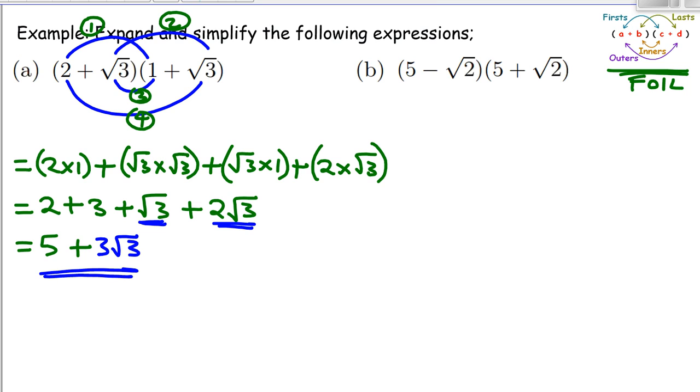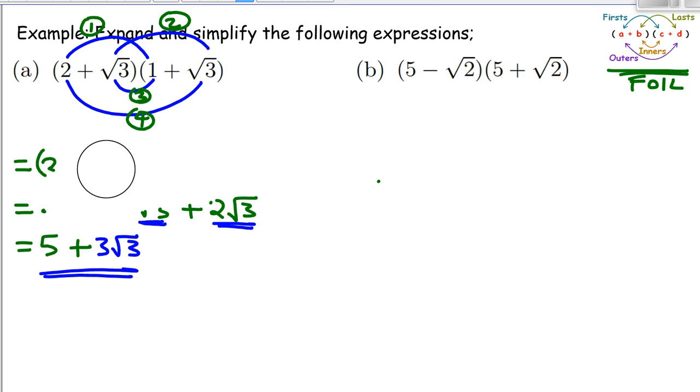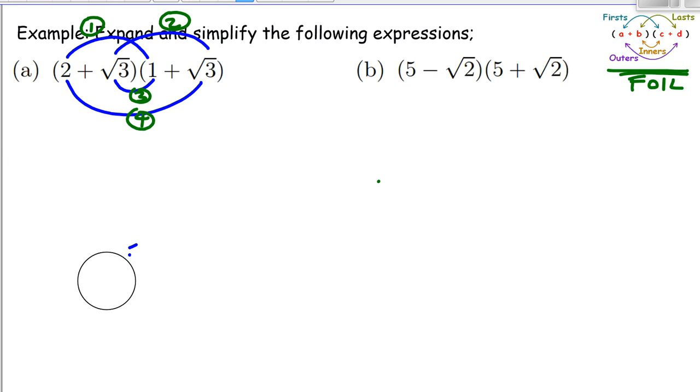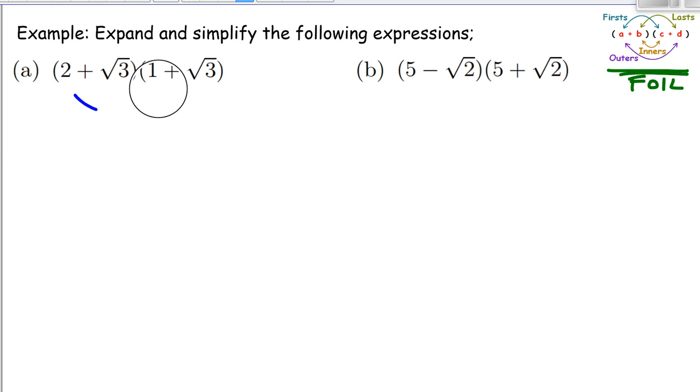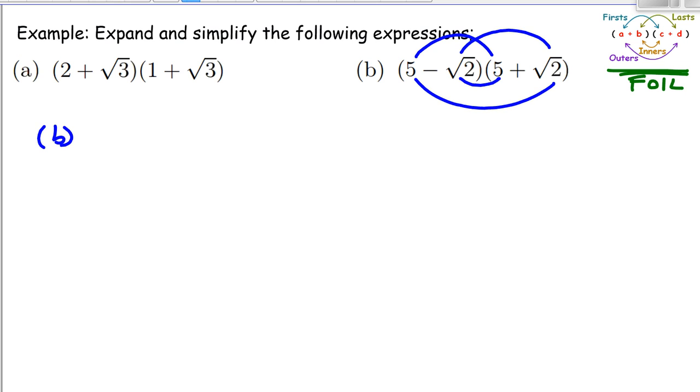Okay, in the next example, which is B, we'll start by multiplying out these brackets. That will be my first step, second step, third step, and fourth step.